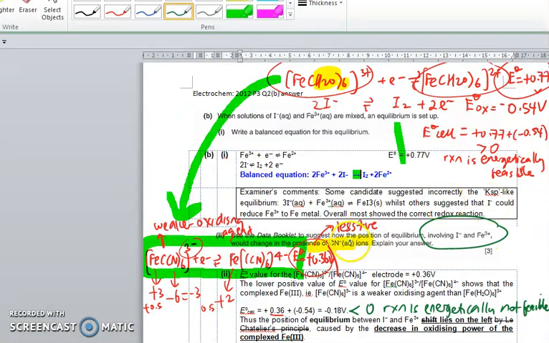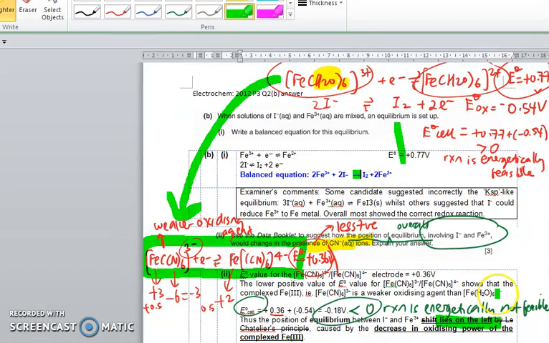They are asking you how the position of the overall equilibrium between I minus and Fe3 plus is. Since E naught cell is negative, that means the equilibrium lies on the left. I've changed the answer slightly.